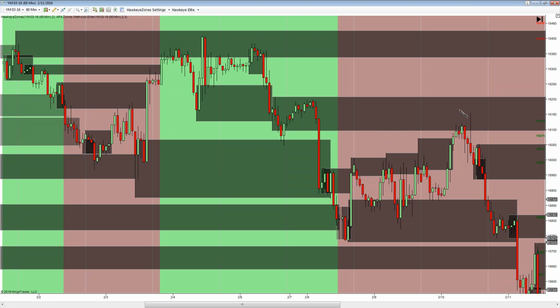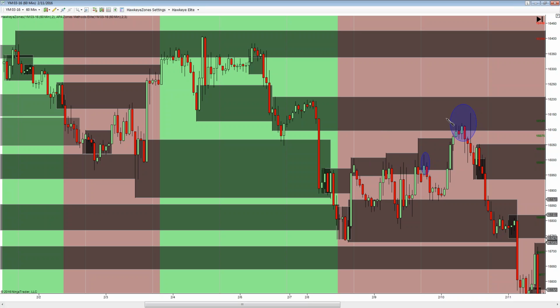When we trade the zones, or when I say look at the zones and look at how to trade the zones, I recommend we look for engulfing bars for a zone to be formed and then a red candle closing below a green candle that's touching the zone.